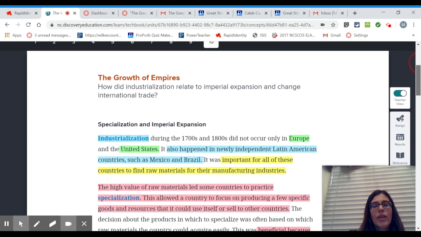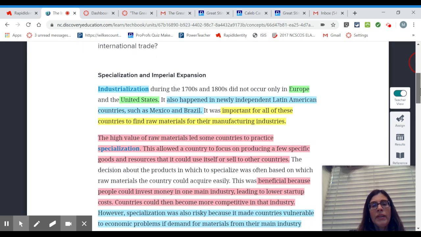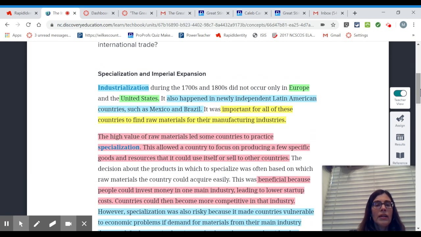Alrighty, so this page is pretty important because it's going to lead up to our next unit on imperial expansion.